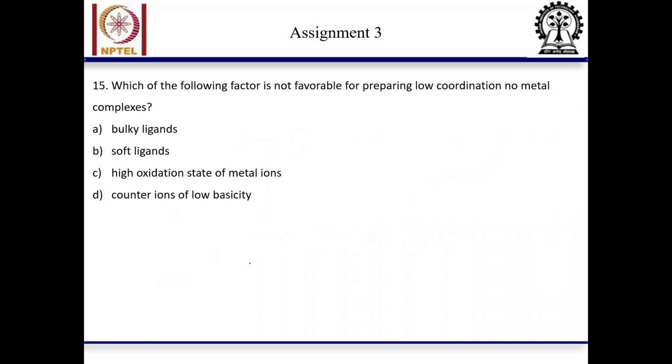Now, question number 5. Which of the following factors is not favorable for preparing low coordination number metal ion complexes? Can anyone just tell me?